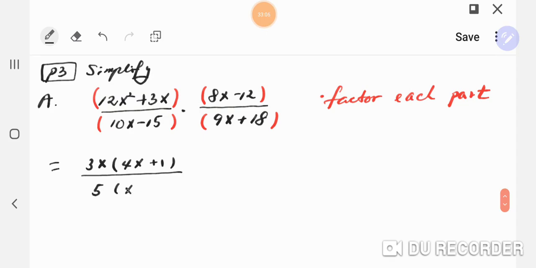Then 2x minus 3. Multiply by the right side, which is factor out 4, then x minus 2x minus 3. And then the bottom, factor out 9, and then x plus 2.